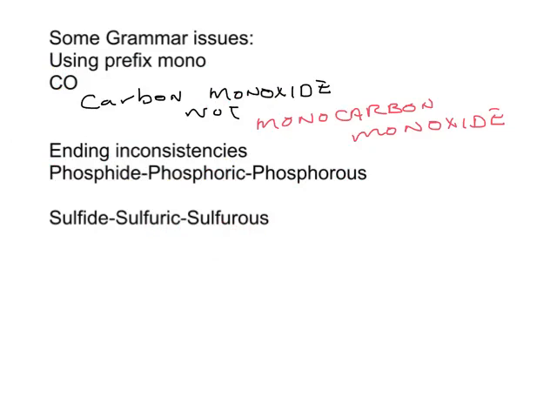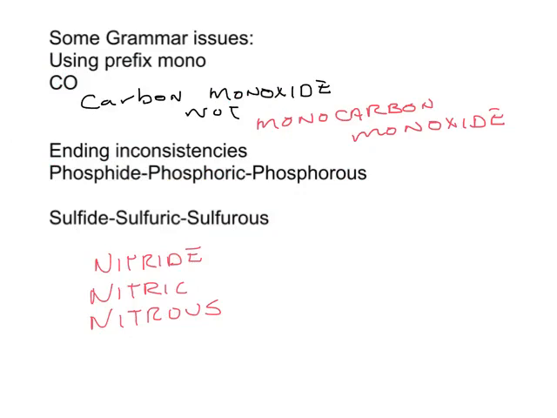Sulfuric and sulfurous. All of your other elements are more consistent. So if we picked, I don't know, nitrogen, it's going to be nitride, nitric, nitrous. So all your other elements are at least consistent about where in the element's original name that they cut it off and make the conversion. But watch out for phosphorus and sulfur.